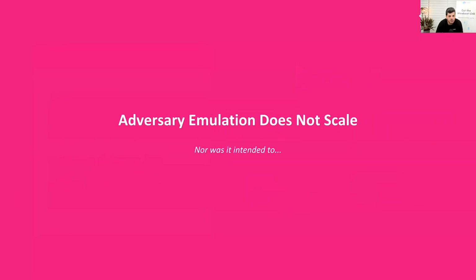But the problem with adversary emulation is that it doesn't scale, nor was it intended to. Basically, the main focus of adversary emulation is to test specific controls in a controlled manner that is very targeted, on a specific network, emulating a specific threat.